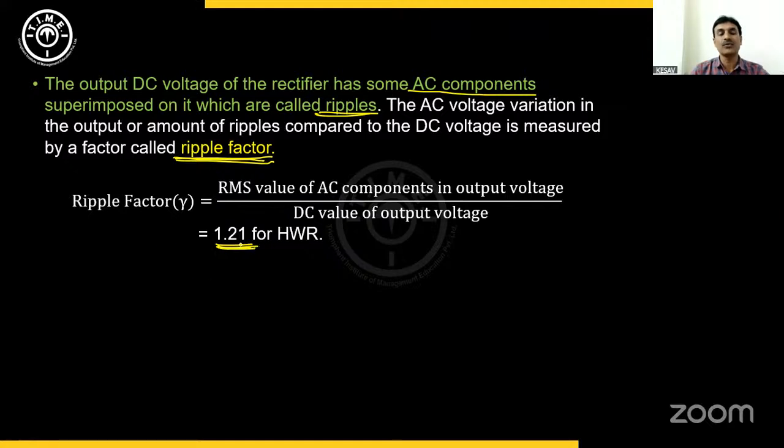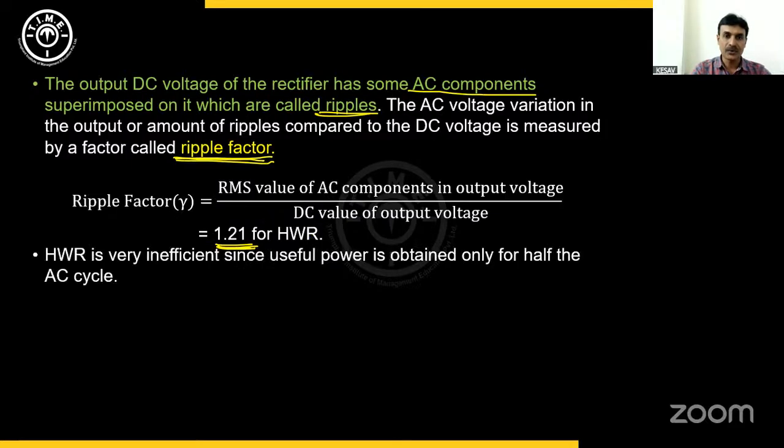Ripple factor is 1.21 for half wave rectifier. So half wave rectifier is very inefficient, since useful power is obtained only for half of AC cycle. Only half of the wave is getting rectified. The other half we are missing. So it is not that efficient.